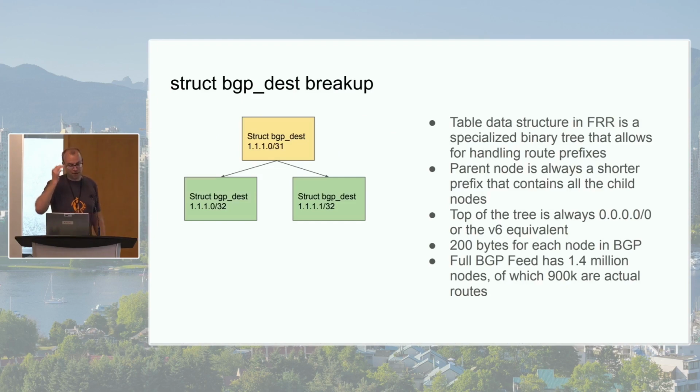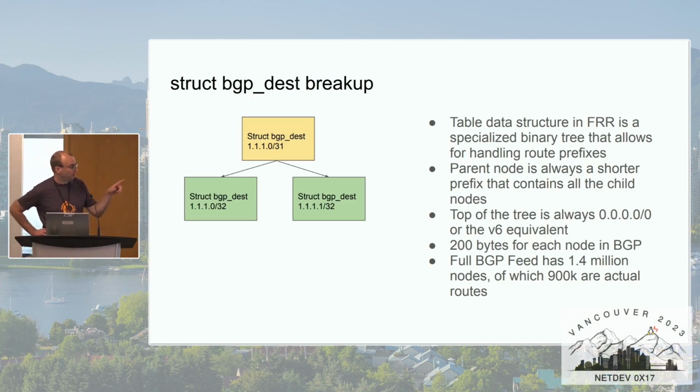All right, so the next thing I want to talk about is the struct bgp_dest breakup. FRR stores prefix information in a specialized data structure, a binary tree, where the parent node contains a left and right pointer, a balanced left and right pointer, for the individual prefixes.